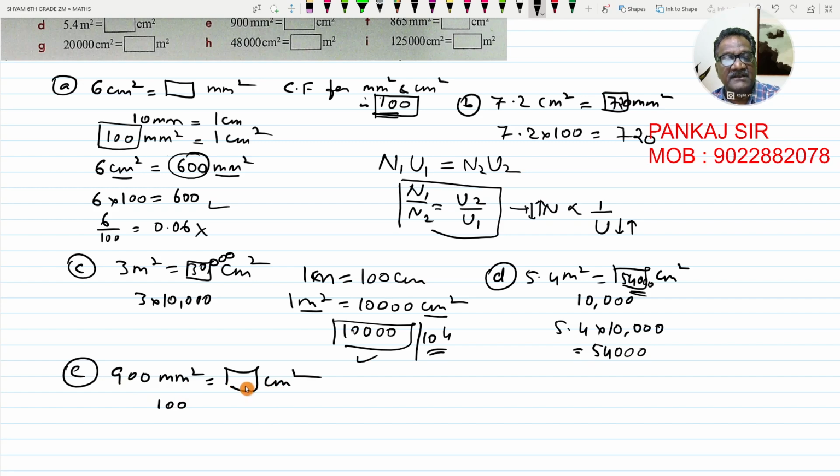So when I want it in front of the bigger unit, I will have to divide 900 by this conversion factor. I'm not going to multiply, I'm going to divide 900 by the conversion factor.